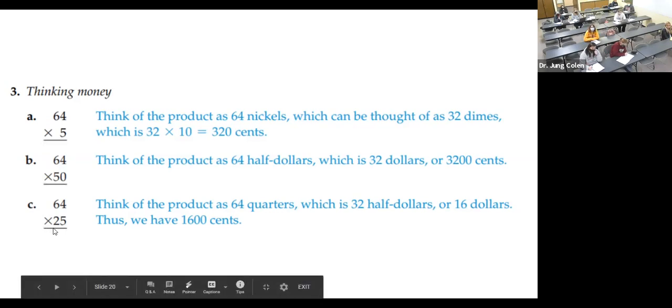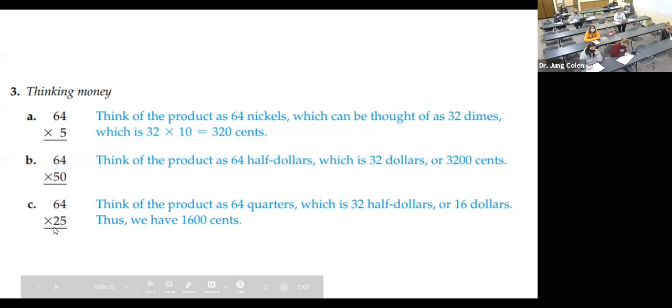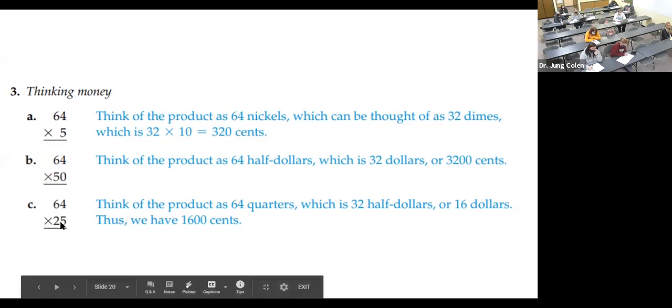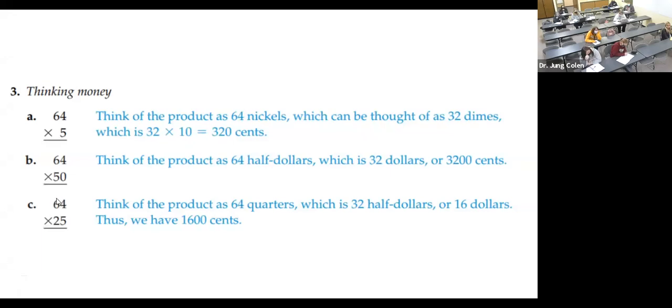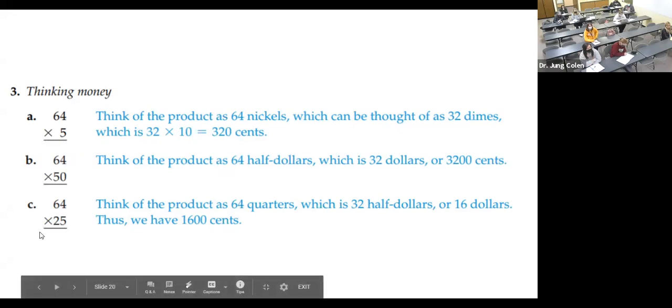You can think about this as a quarter, right? Well, you can think about how many quarters that makes. Since we know if we have $1 instead of 25 cents, that's 100 cents, then we have 6,400. But since we have only a quarter, that's 1/4 of it.